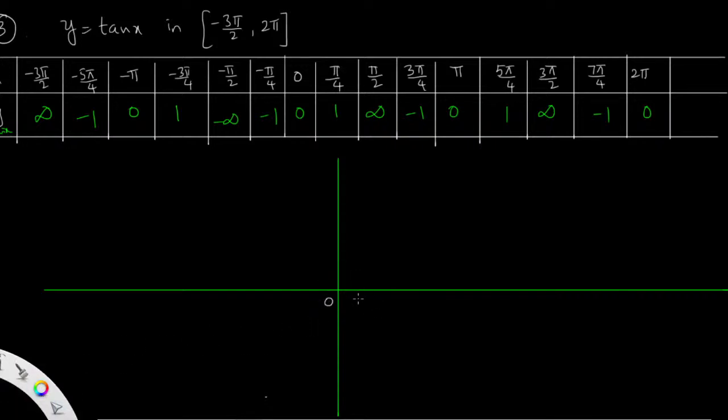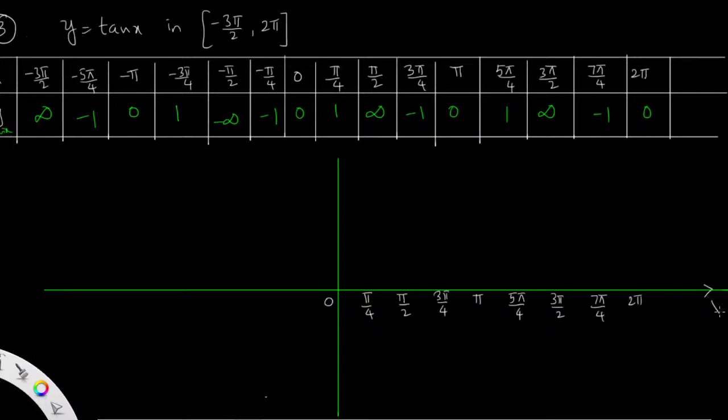So 0, then pi by 4, pi by 2, 3 pi by 4, and then pi, 5 pi by 4, 3 pi by 2, and 7 pi by 4, and then 2 pi.